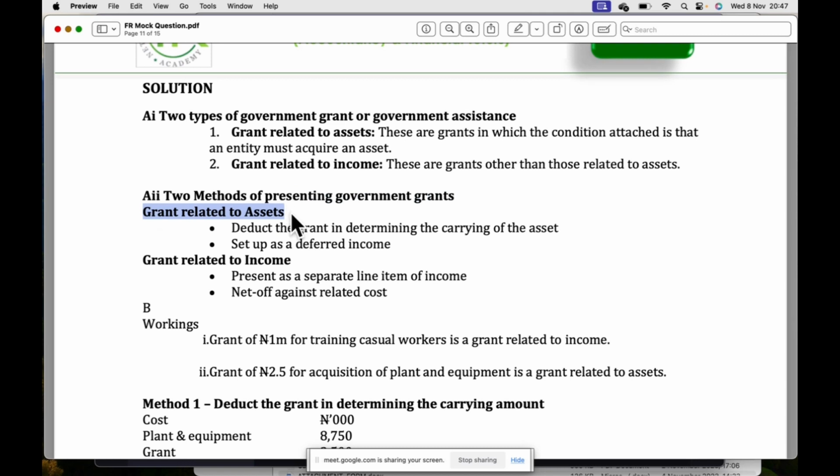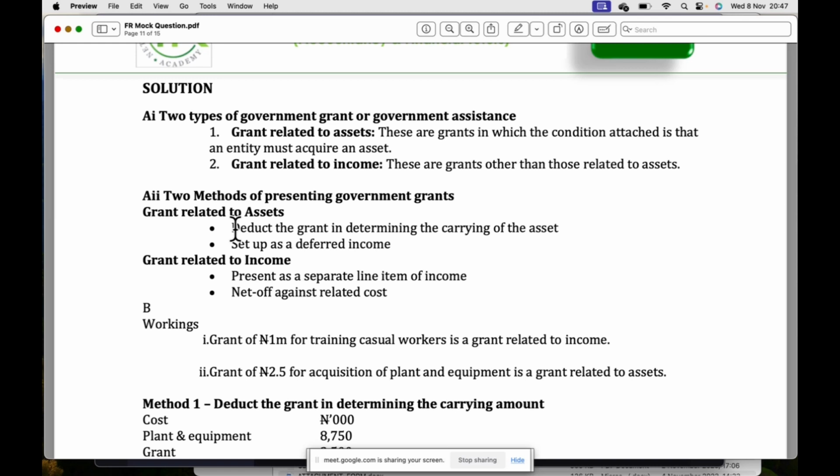When government gives you money that you go and use to buy an asset, or government refunds the money you have used to buy an asset, government gave you a refund, that is, take your money back or take a portion of that money back, then the way you present that, there are two ways.